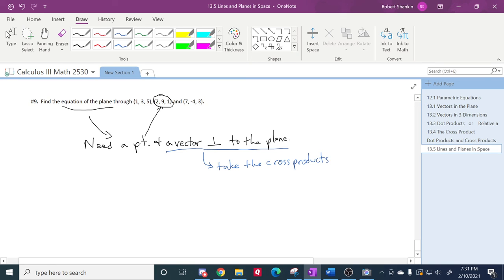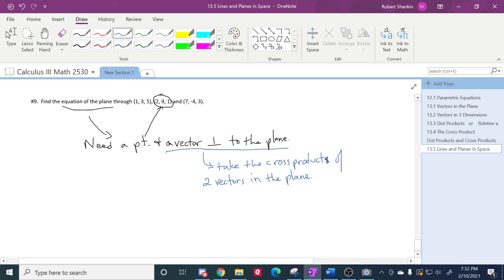Take the cross product of two vectors. And where should these two vectors be? In the plane. They've got to be vectors in the plane that we're trying to find.